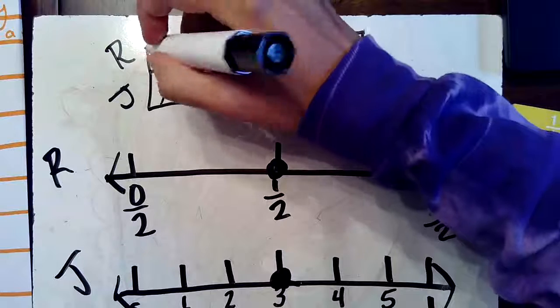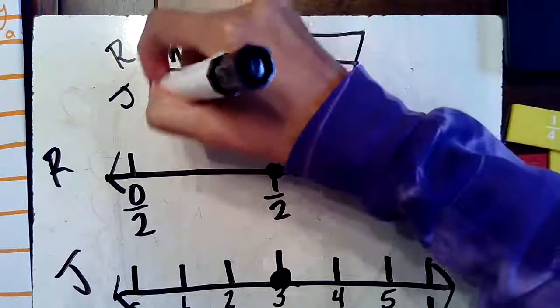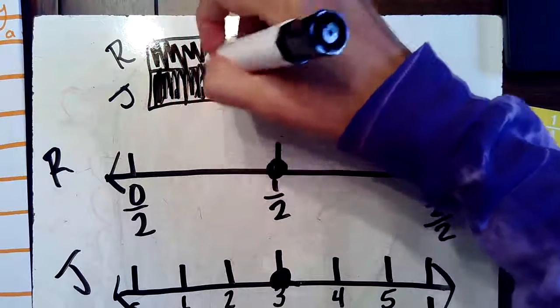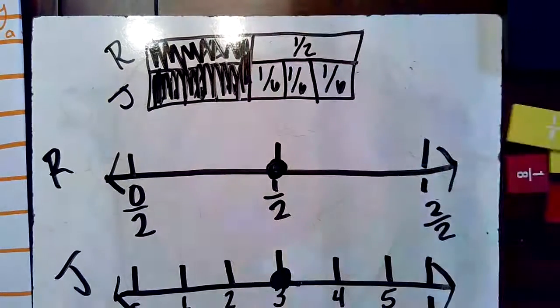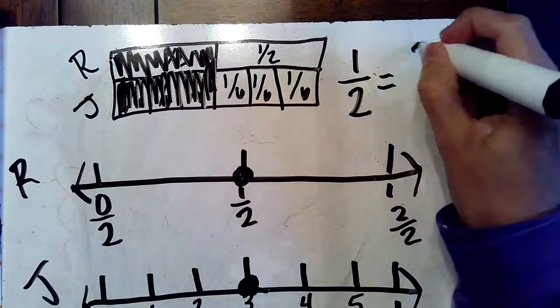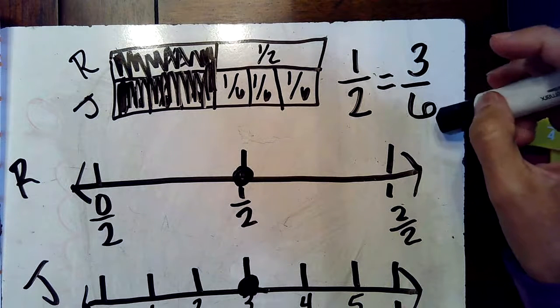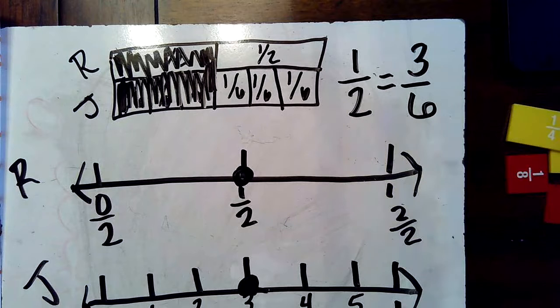I'm going to shade Rylan's 1/2, and then I'm going to shade Jackson's 1/6, 2/6, 3/6. And we can see that 1/2 is equal to 3/6. And remember, any fraction that has a numerator that is half of its denominator is going to be equal to 1/2.